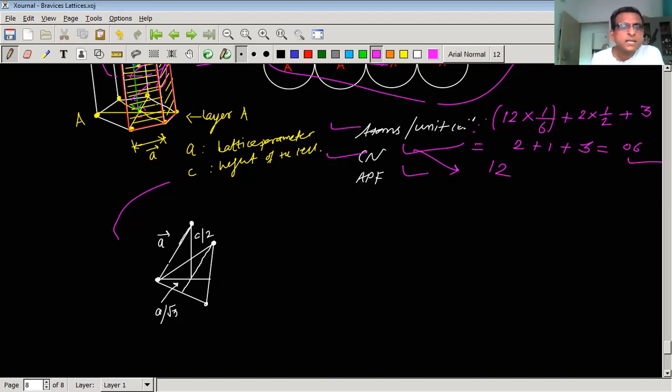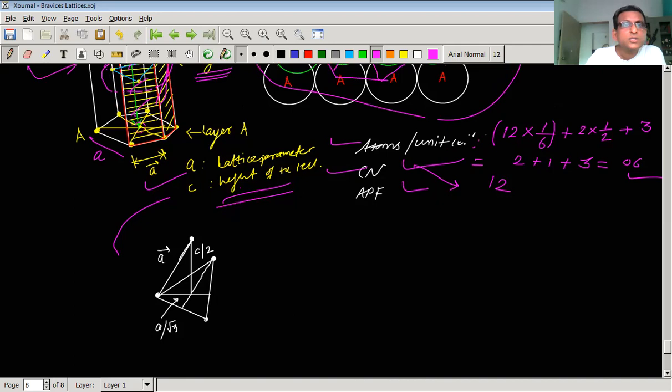So we can see here, this is again a right angle triangle, and what is A? A is the distance between two atoms in the basal plane, isn't it? And what is C? C is the height of the unit cell.